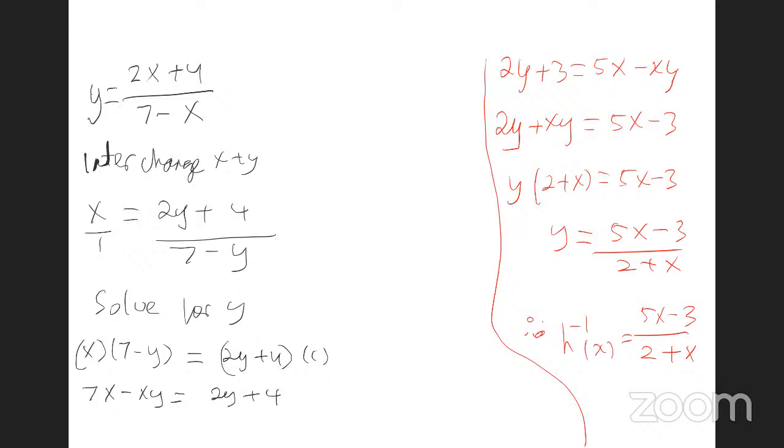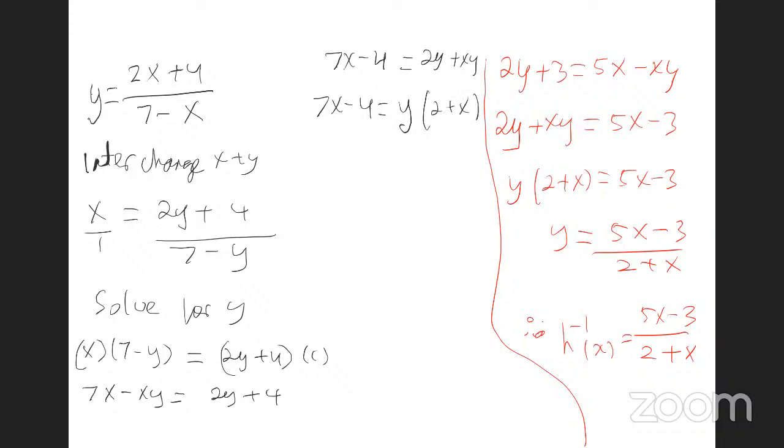As I said, you may have 2y plus 4 is equal to 7x minus xy. Nothing wrong with that, right? You'll end up with the same answer in the end. So bring all the y's on one side. So you will end up with 7x minus 4 is 2y plus xy. So that'll be 7x minus 4, factor out the y, you'll get 2 plus x.